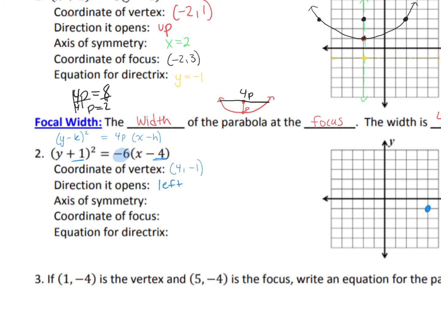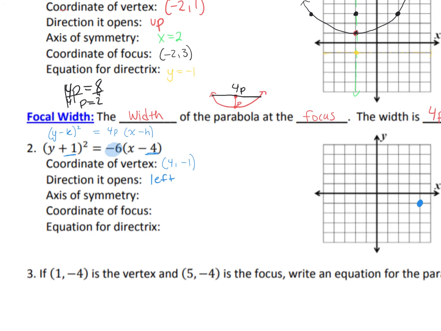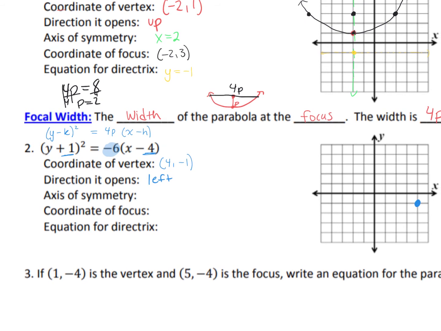Okay, so we have our vertex, and I know it's opening up to the left. Now I can draw my axis of symmetry. Because I know it's opening to the left, the axis of symmetry is going to go right through that point and split that graph in half, because I know it's going to be opening this way when I actually draw it out. All right, so let's figure out the equation for that graph. That equation is going to just be y equals negative 1.